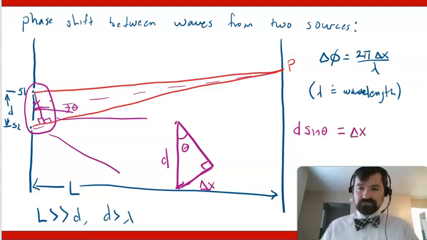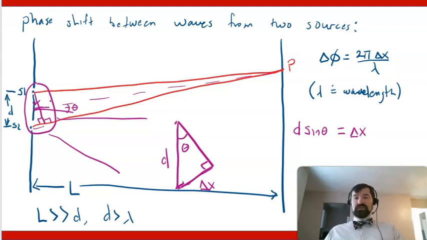Okay? And up here, we're basically looking for when this is an integer or non-integer value times pi.